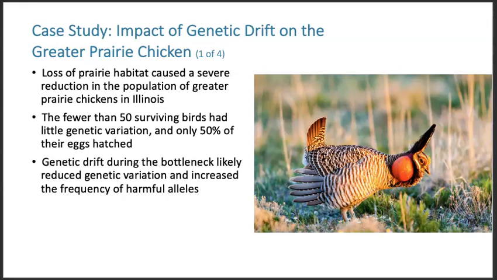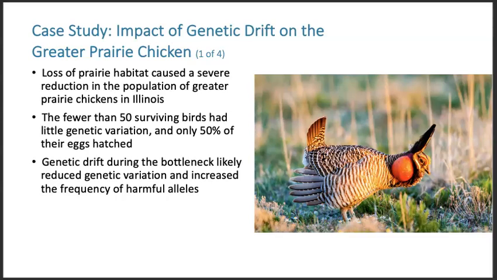So with all of this conversion of prairie to farmland, in Illinois, fewer than 50 birds survived, and this drastic reduction in population reduced the genetic variation. And the result of this was that only 50% of eggs were hatching because they were doing a lot of inbreeding, which we mentioned earlier.